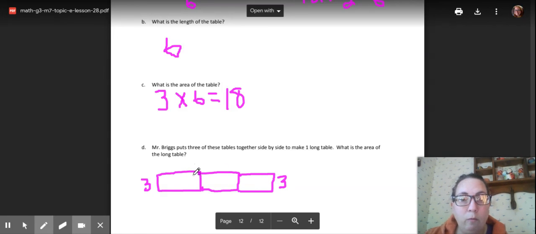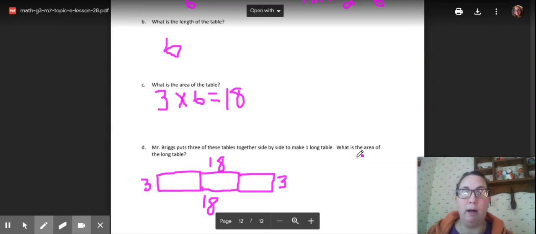So the length of 1 is 6. So 6 plus 6 plus 6. And that is 18. Ooh, this one would have been a hard one to do. This would have been a nice challenge problem, because we haven't multiplied this way very often.